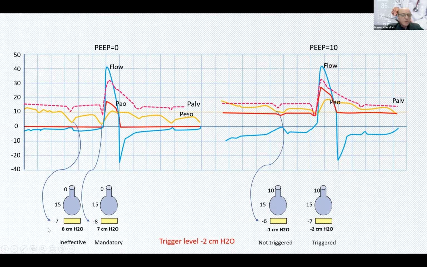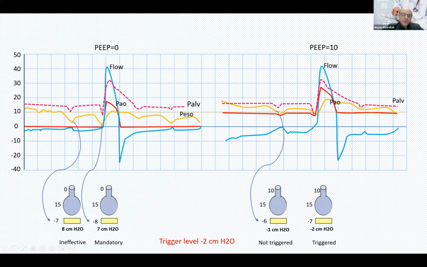He dropped the pressure to -7, meaning that it went down by 7 centimeters of water. You can see it here. That means now if this goes to -7, 15 minus 7 is 8 centimeters of water. You can see the alveolar pressure here. It needs to go down a little bit. But that was ineffective to trigger the ventilator.